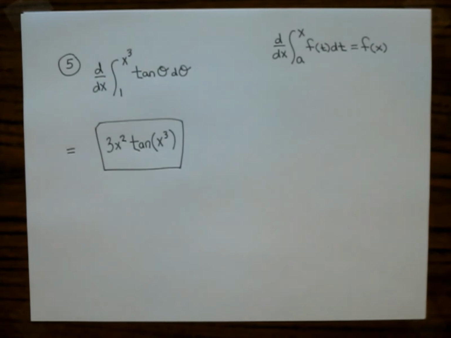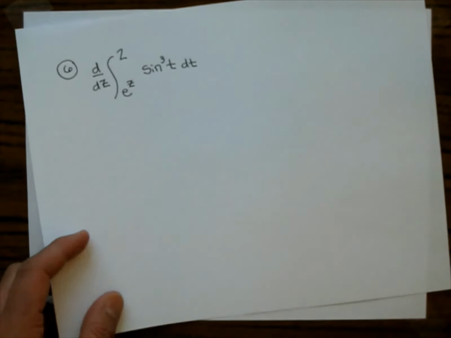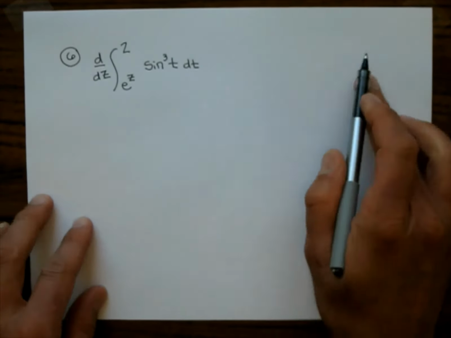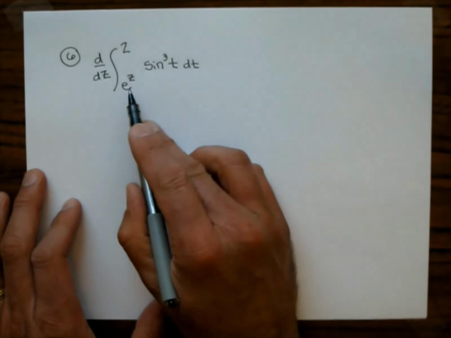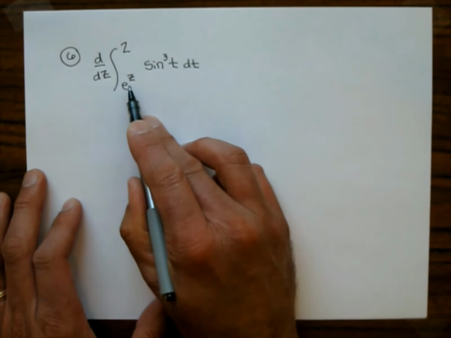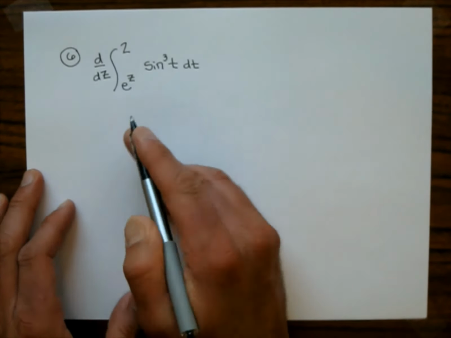Okay, let's go ahead and do problem number 6. This will be our last problem with fundamental theorem of calculus number 1. And we'll see how we do with this one. So I don't even have the theorem written up there. I have the variable on the bottom. So I'm going to go ahead and switch that by putting a negative out front.